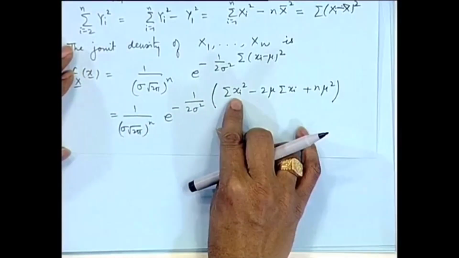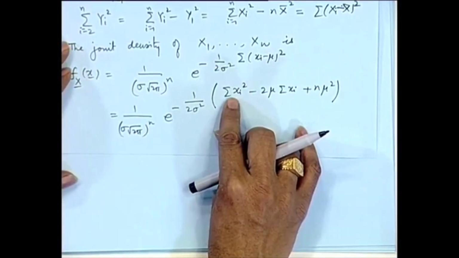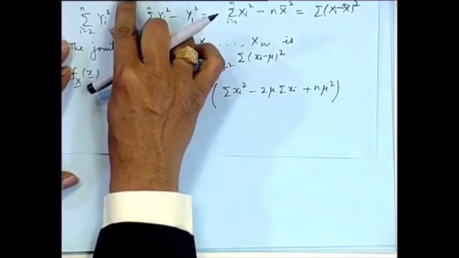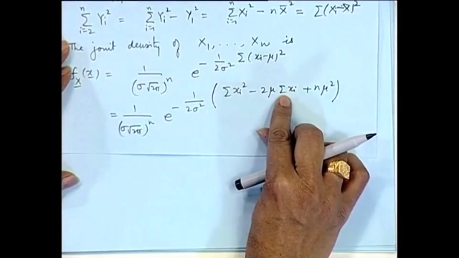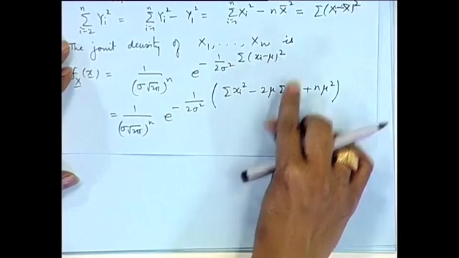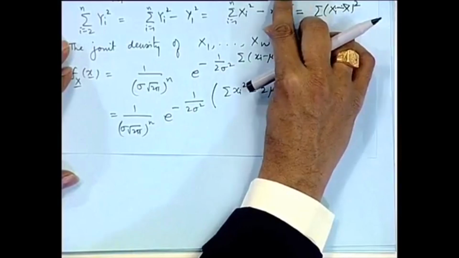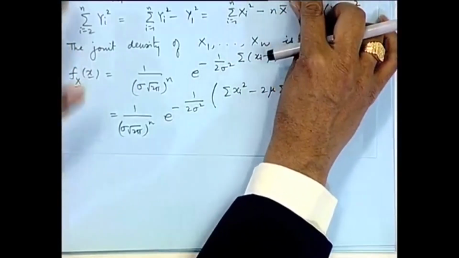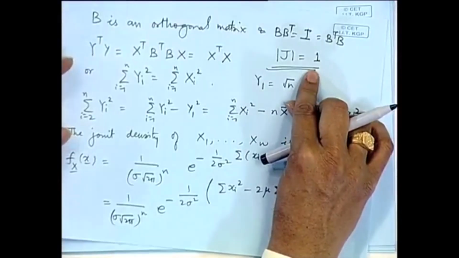so in the density of x_1, x_2, ..., x_n, let us substitute the transformed values in terms of y_i's. So, sigma x_i square will become sigma y_i square, and this sigma x_i is nothing but n x bar. Now, x bar is y_1 by root n. So, this also we can substitute and multiply by the Jacobian of the transformation, that is unity.